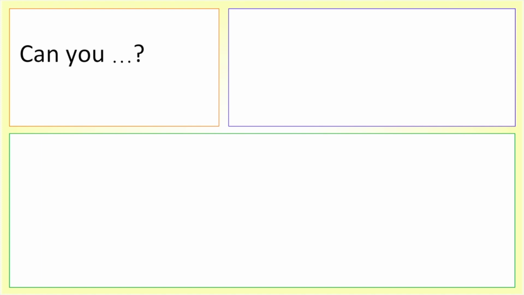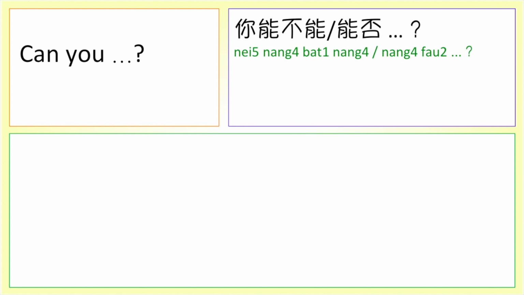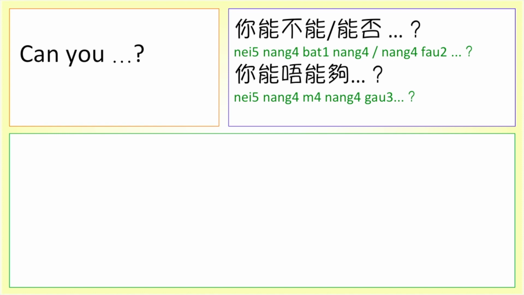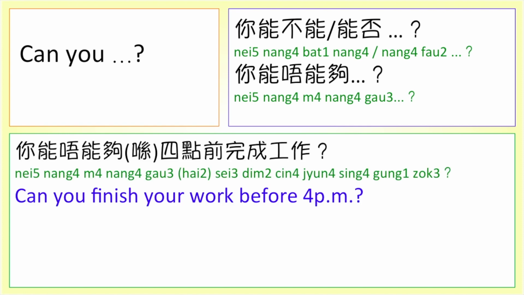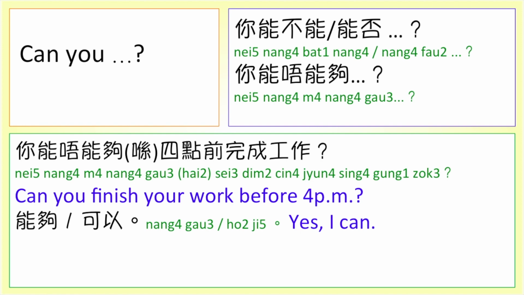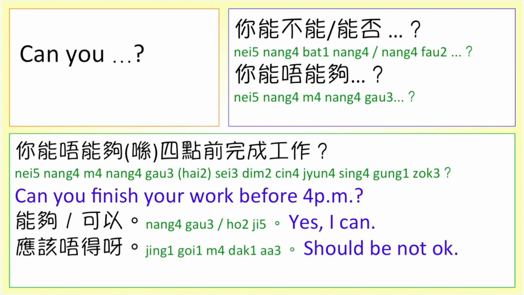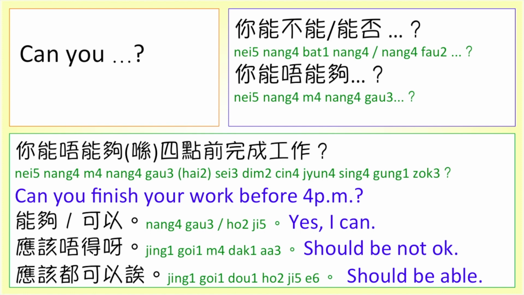Can you? In written Chinese, we say 你能不能？你能否？ In Cantonese, we say 你能唔能夠？ For example, 你能唔能夠喺4點前完成工作？能夠，可以，應該唔得啊，應該都可以嘅。 May I?